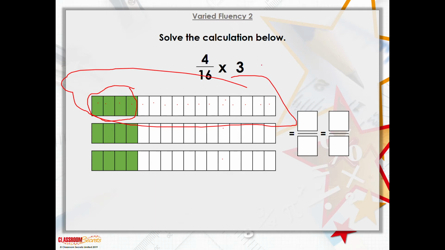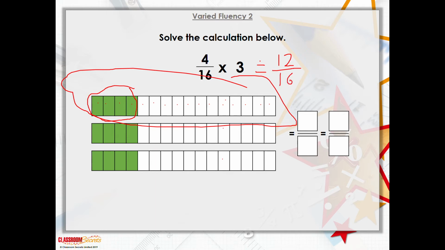So all I have to do is apply my knowledge. Okay, it's 4, because I want to times my numerator by my whole number. So 4 times by 3 is 12. And remember to keep your denominator the same.